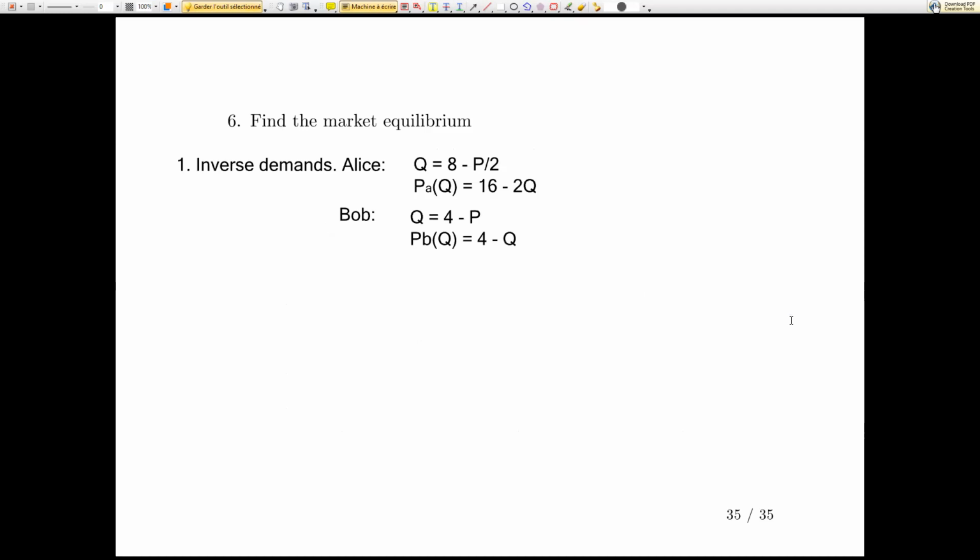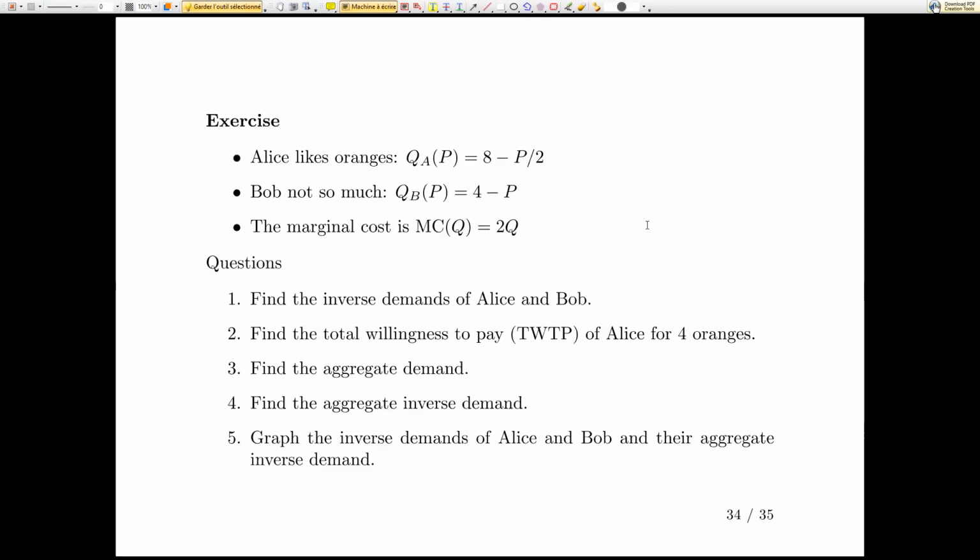So I advise you to use this. Oh, and by the way, I'm asking for the total willingness to pay, right?